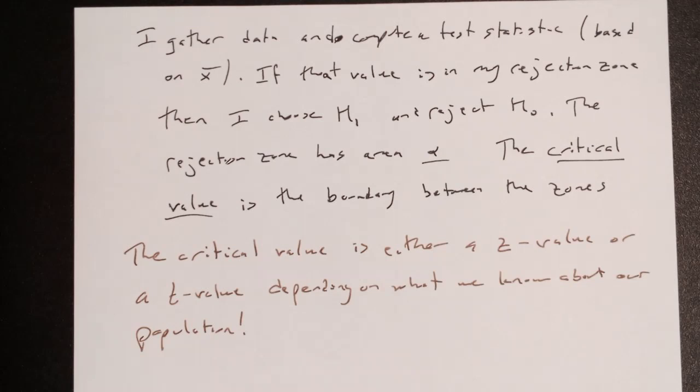How do I decide whether I should be using a z or a t? I need to know what I know about the standard deviation or the variance in either case, right? But I need to know the population standard deviation or variance.